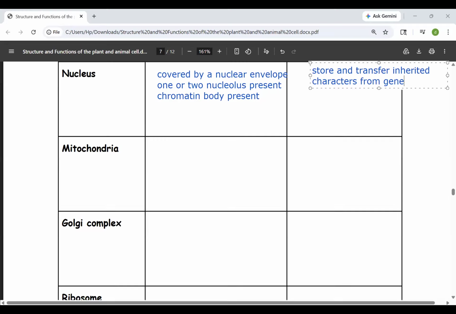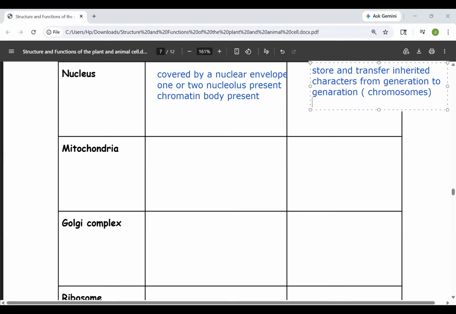Write it down. But this is not the function of the nucleus itself. Actually, this is the function of chromosomes. So inside brackets, write chromosomes. Actually, the chromosomes are inside the nucleus, so that is also kind of a function.